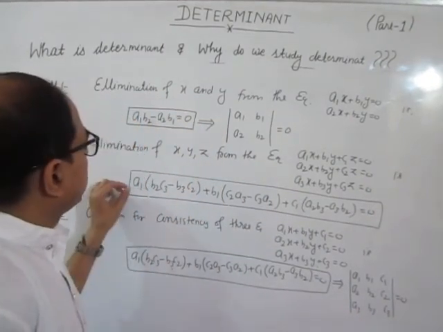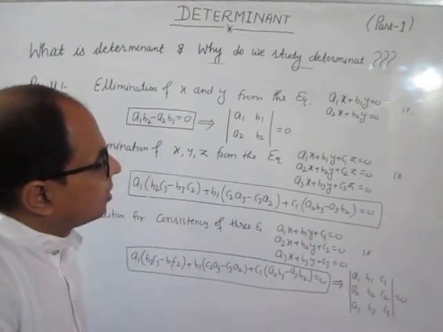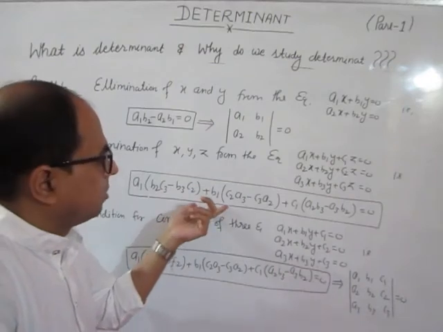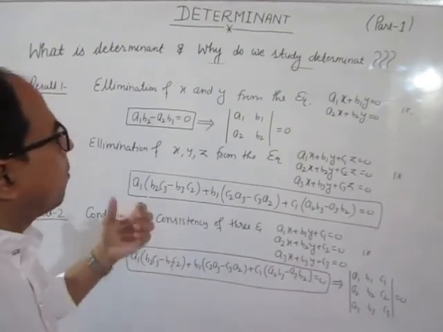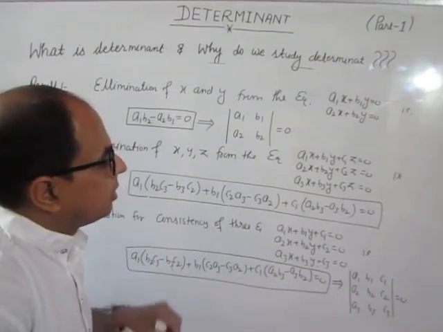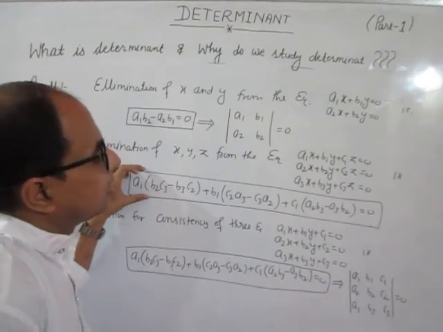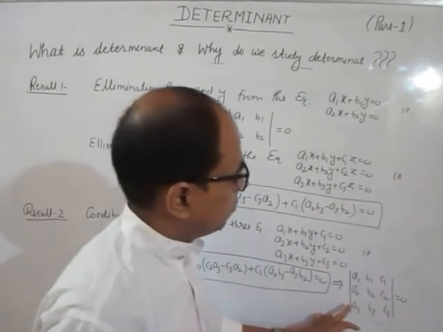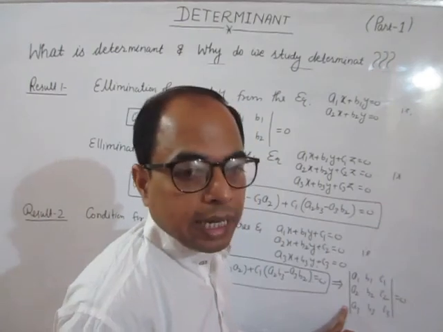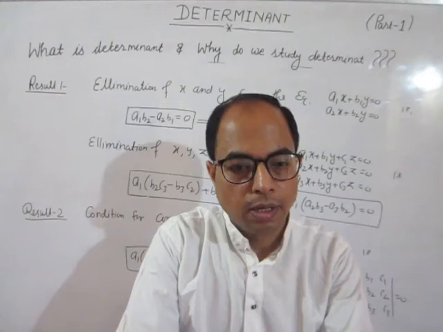If simple numbers are given in place of A1, B1, C1, then you can solve this expression easily. But suppose complicated values of A1, B1, C1 are given, then instead of calculating this expression, calculating this concise form will be easy. So these are the two advantages of determinants.